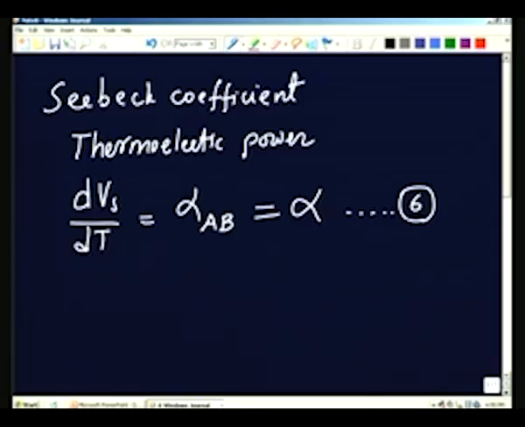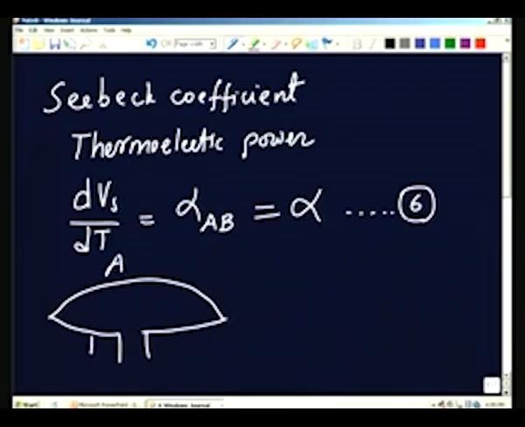Let me just digress a little bit and try to give a meaning to this. Suppose I have the following circuit. This is A, this is B, the Seebeck voltage is going to appear there. Let us say this is T and this is T plus delta T. So, dVs by dt is nothing but the elemental, you can see that there is a very small difference in temperature between junction 1 and junction 2.